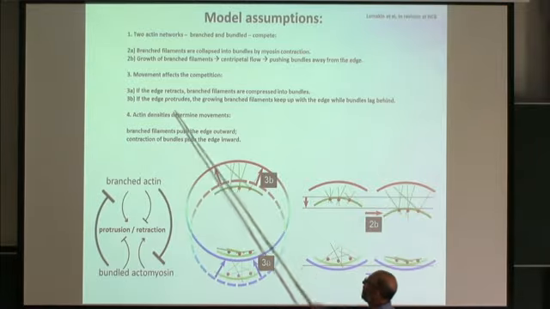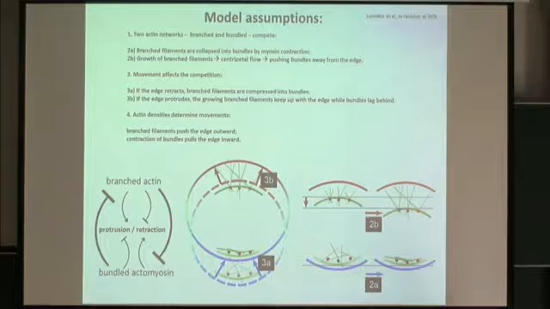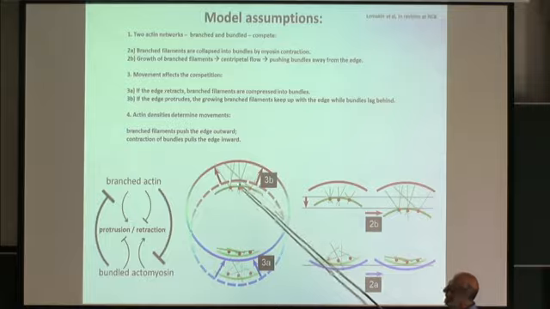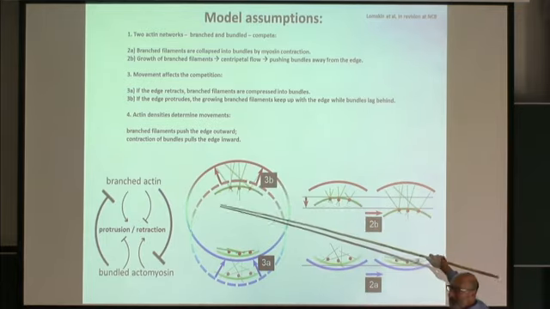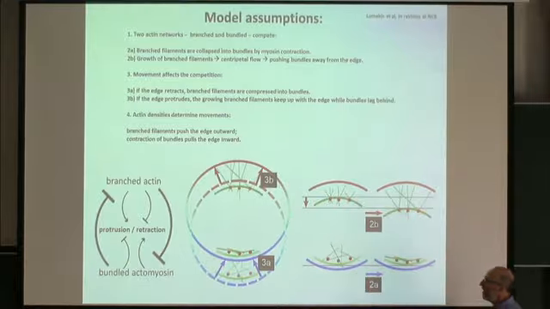Another thing is that the movement of the boundary affects this competition. If locally the boundary protrudes, it helps growing branched networks blow actin bundles away from the leading edge. On the other hand, if the boundary starts retracting, it compresses actin in front of it, creating bundles and disadvantaging branched actin.